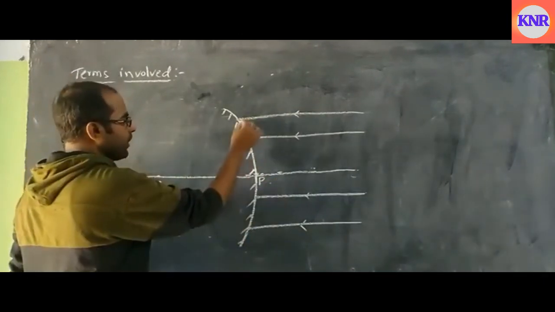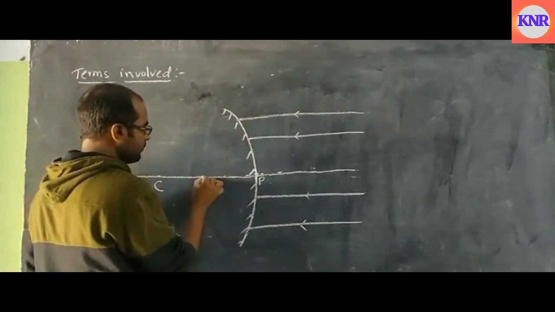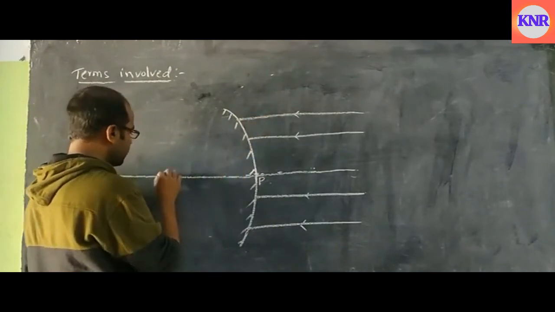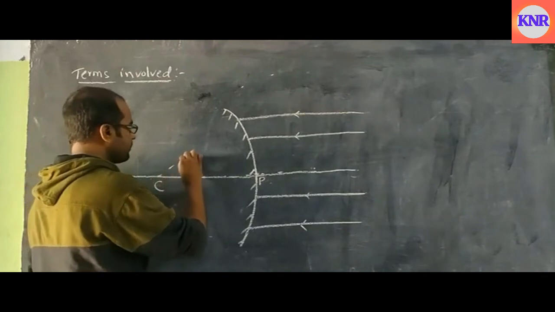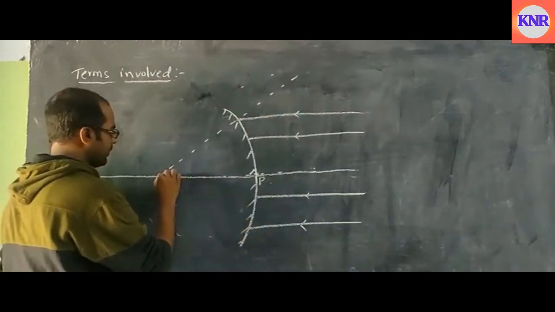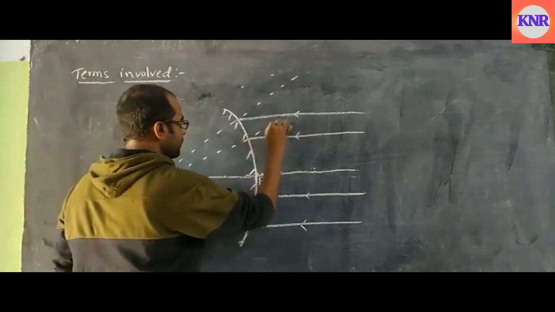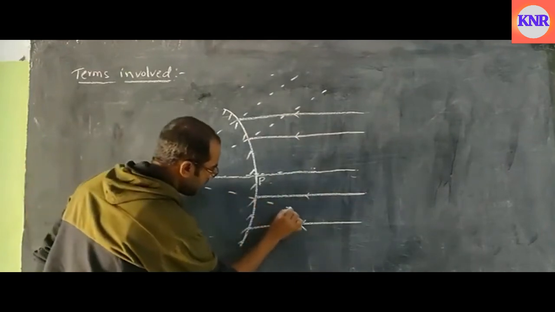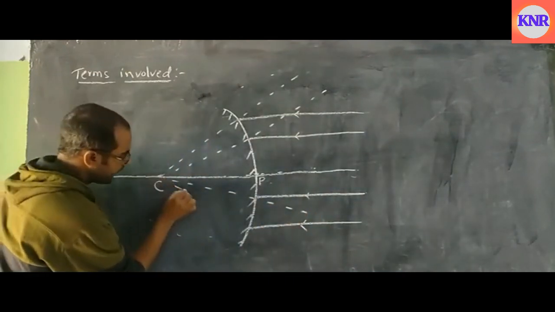That means if this is the incident ray, then let us draw the normal for this. This is the normal, and let us draw the normal at this point. It is the normal, and here it is the normal.